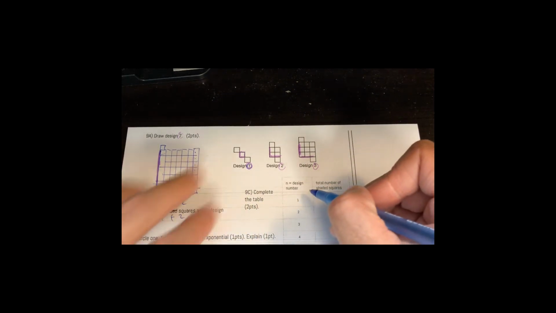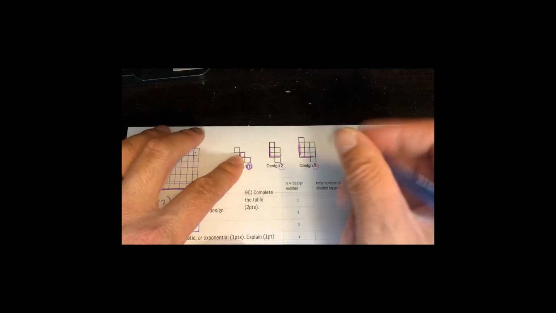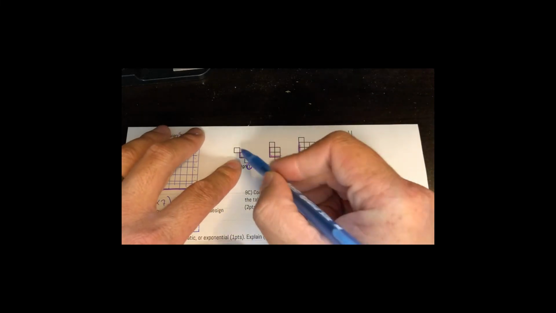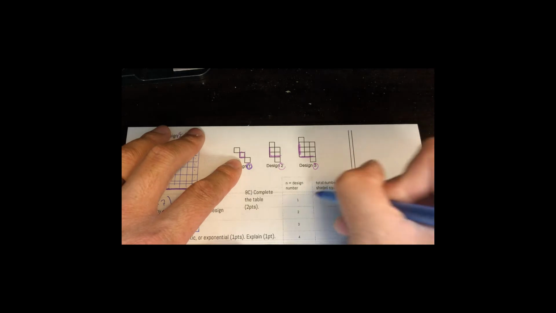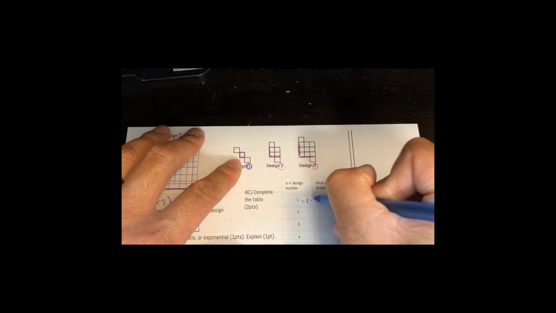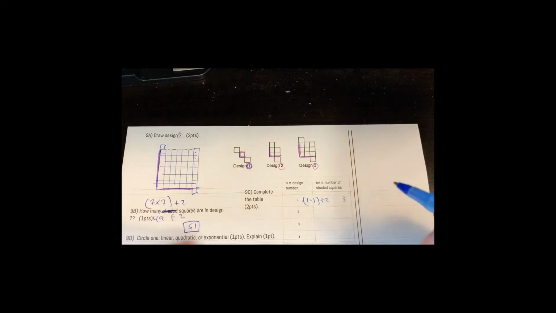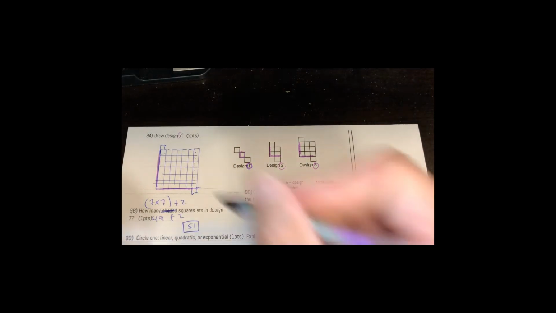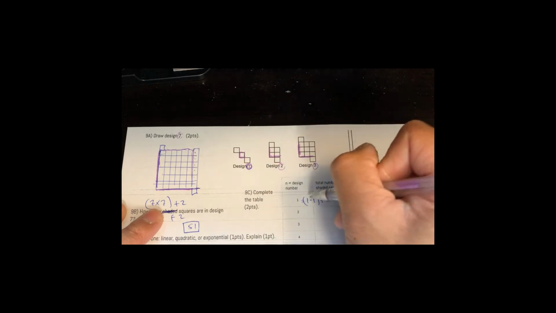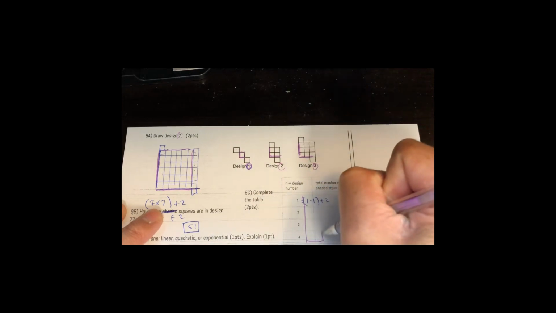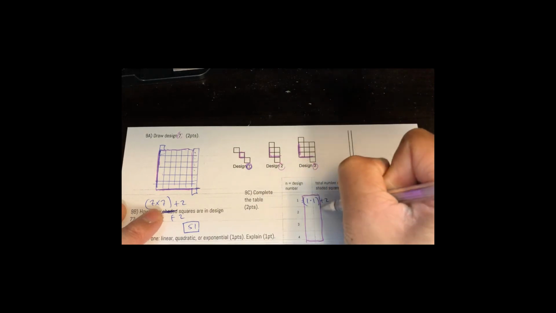9C, complete the table. So design 1, although you can count 1, 2, 3 as your answer, you get 1 by 1, 1 times 1, and then plus those 2 pieces. See if we can color code that. So this purple is kind of like this part here, right?